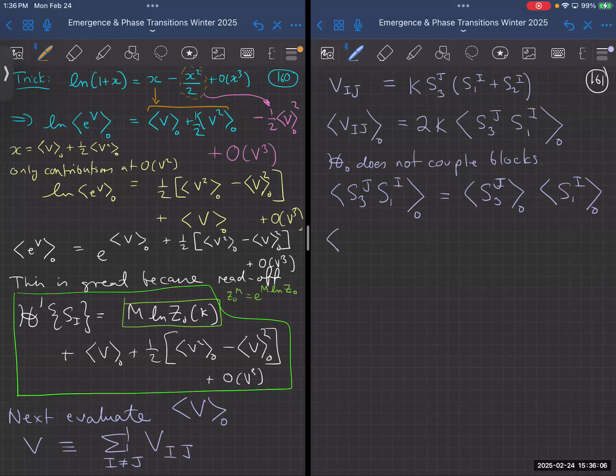So if I were to compute S3_J with respect to my unperturbed Hamiltonian, let's write out what that is.